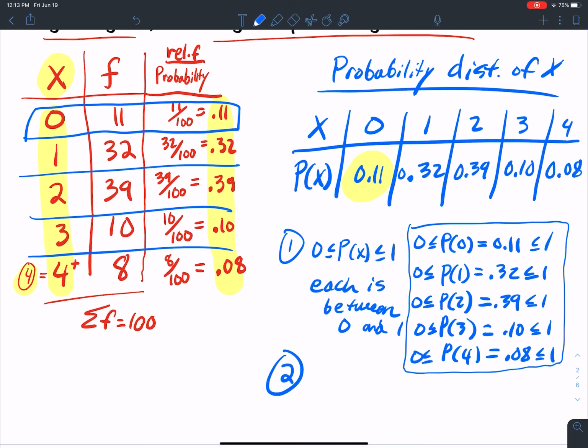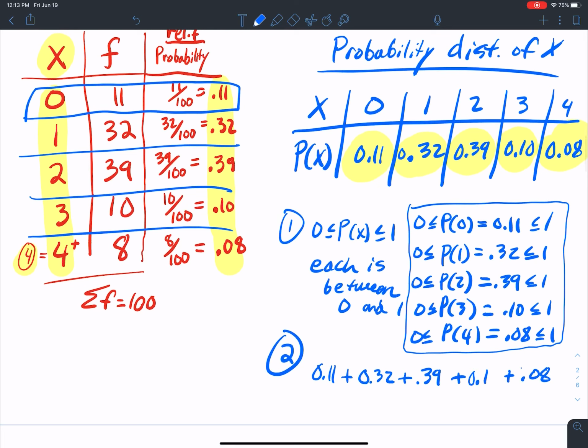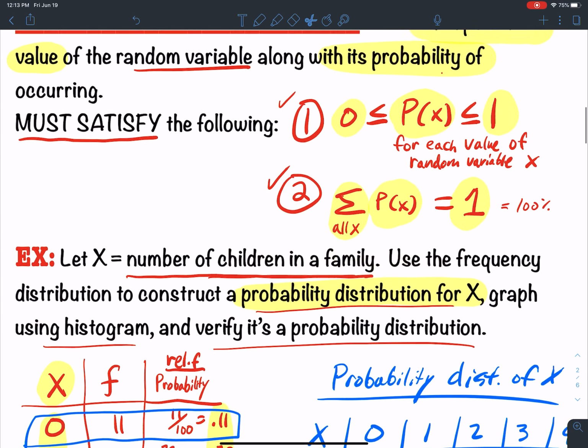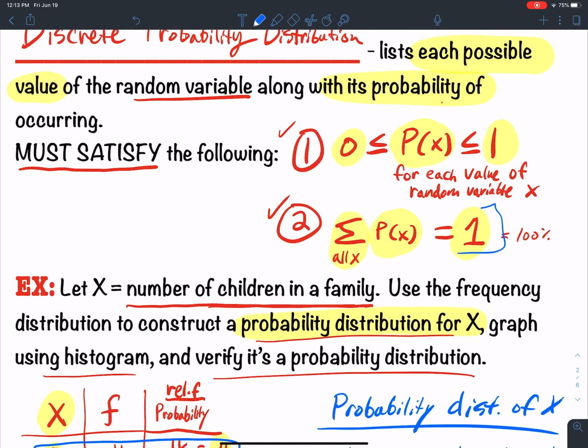The second step, the probabilities have to add up. So what do I want? At a minimum, I want you to add up all the probabilities: 0.11 plus 0.32 plus 0.39 plus 0.10 plus 0.08. If I add those up, what should it equal? It should equal 1.